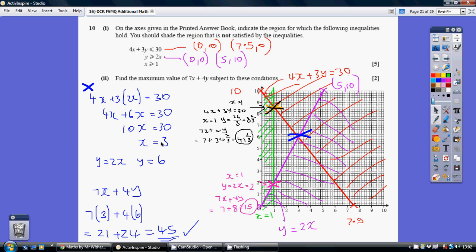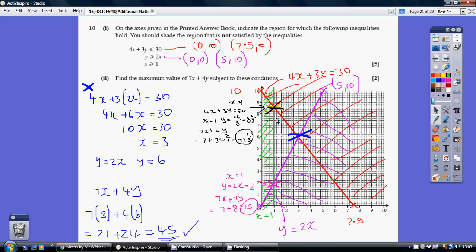Because y equals 2x, the y value must be 6. So at this blue coordinate we've got x being 3, y being 6. Substituting 3 and 6 into this expression here, we get 45. So that blue cross there gives a total of 45 when we do 7x plus 4y.